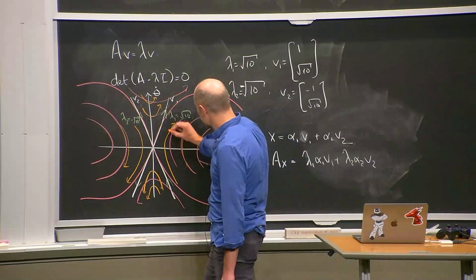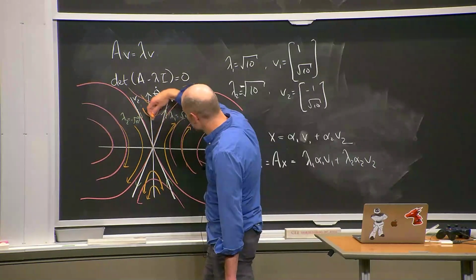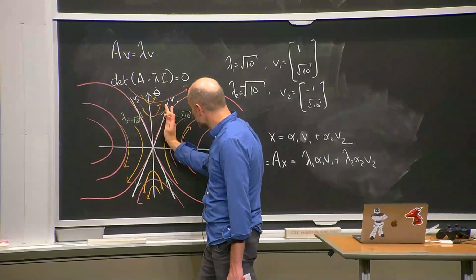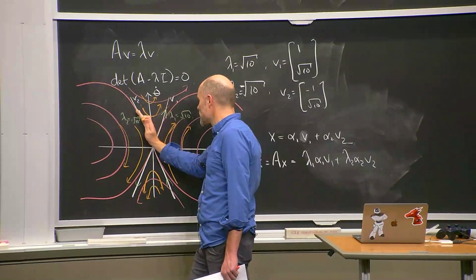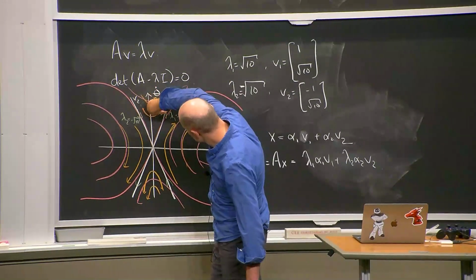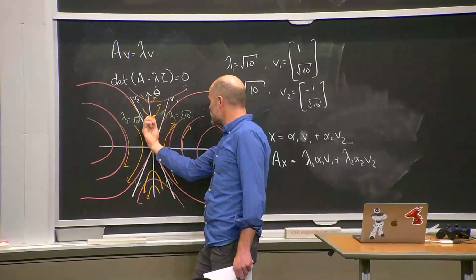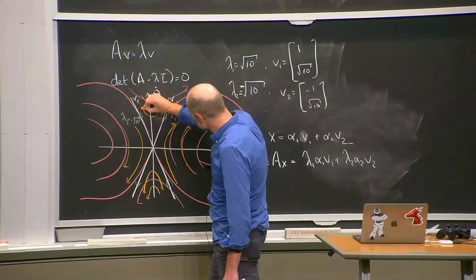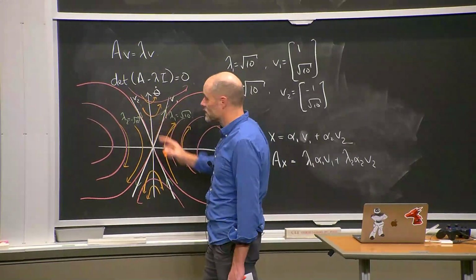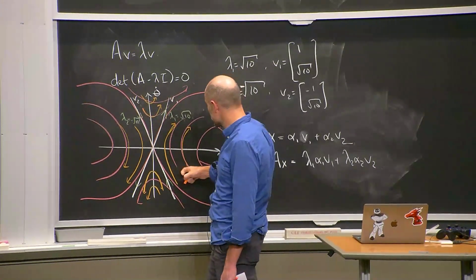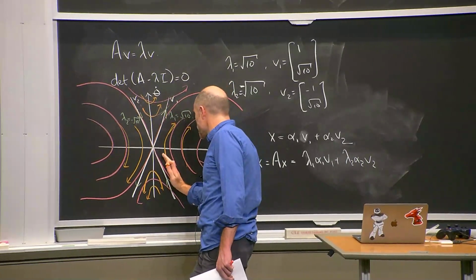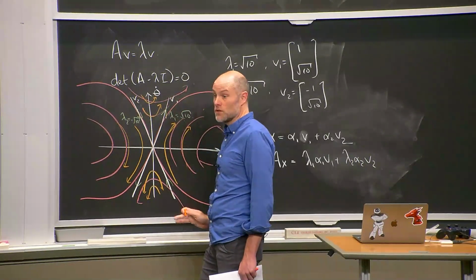So as I span from here to here, I'm getting all of this one and none of this one. Here it's all of this one and none of this one, and it smoothly interpolates between. In the middle, it's exactly like this, and it smoothly goes between, just because I know that those things linearly interpolate. Similarly, you can do the same sort of argument. It's a little harder to think about, but you have to go from all of this one to all of this one, and it goes smoothly in between.